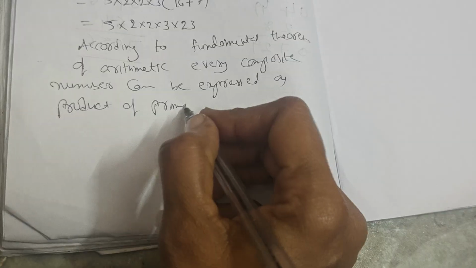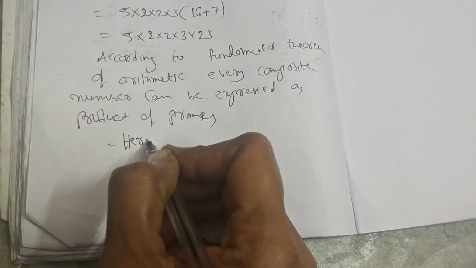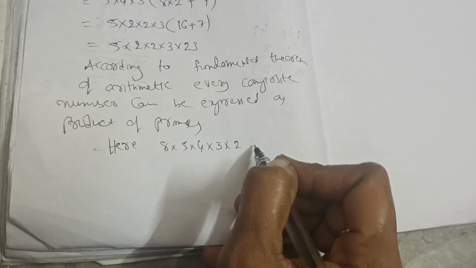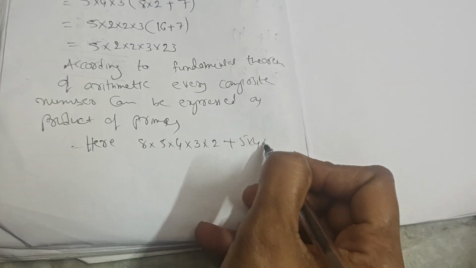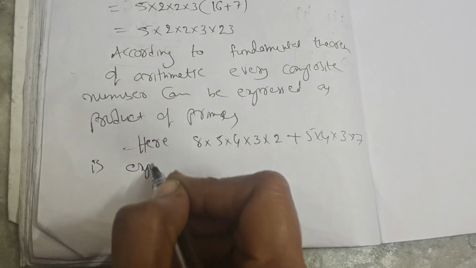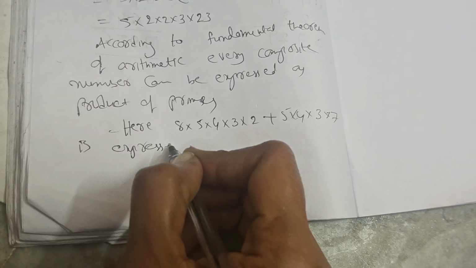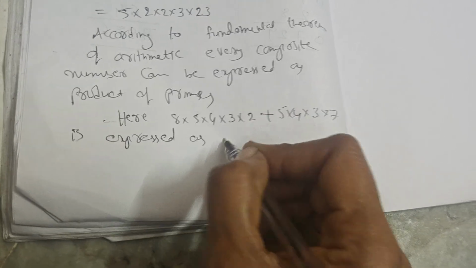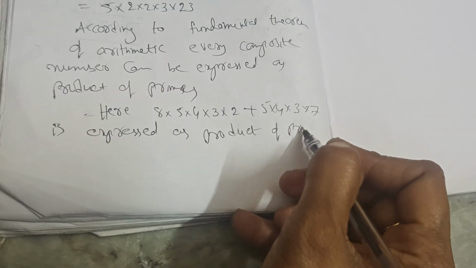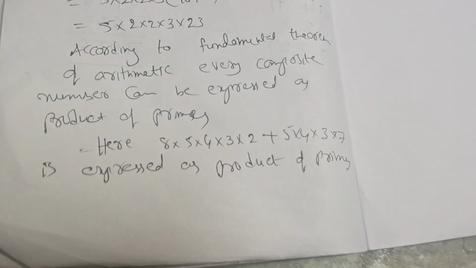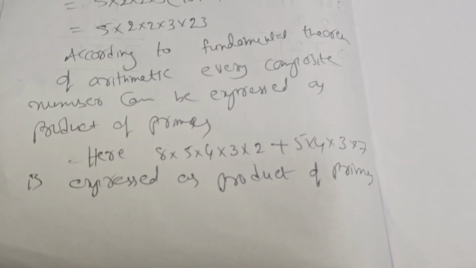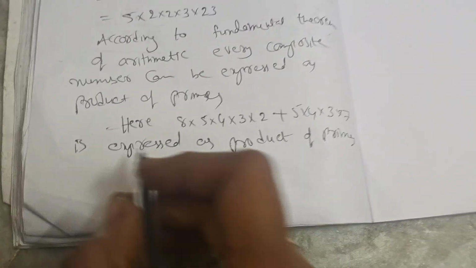So what we have tried here: 8 into 5 into 4 into 3 into 2 plus 5 into 4 into 3 into 7 is expressed as a product of primes.